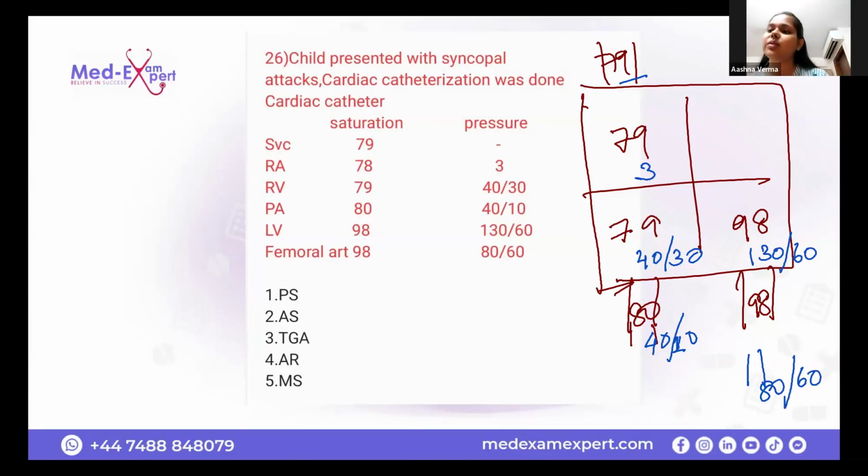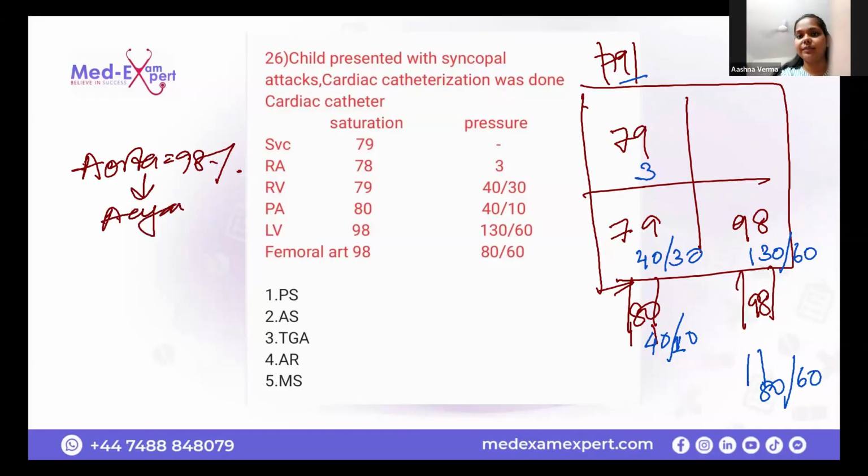So now tell me, what do you think it is? First of all, let me solve it for you stepwise. I'm not very sure the numbers given here are the same as what was asked in the question, because again, it's a recall. But if we look at the saturation, the aorta shows saturation of 98%. They haven't mentioned the aorta, they have mentioned the femoral artery, but that is going to correspond with the aorta. It is 98%, which is normal, so we are not going to think of a cyanotic condition.